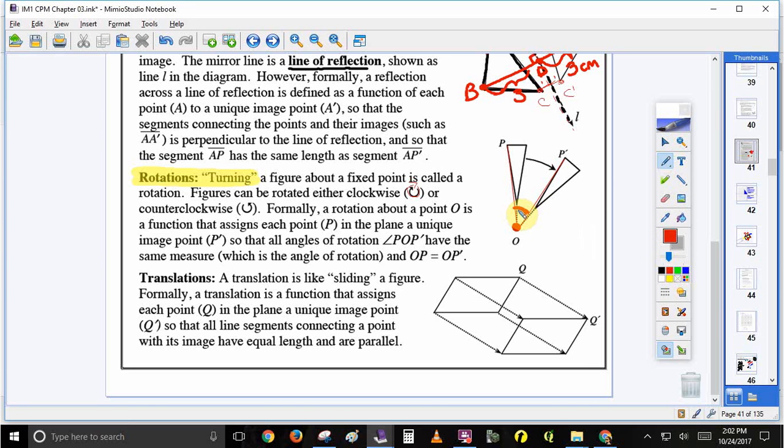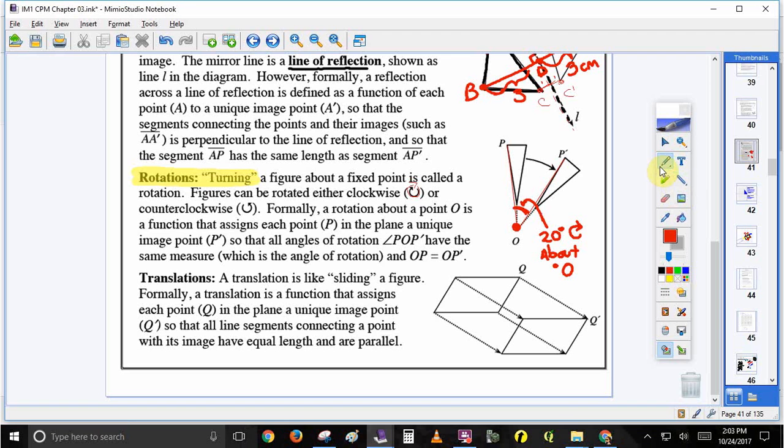So for instance, if this is, say, 20 degrees, then we have rotated this figure 20 degrees clockwise around point O, or about point O is how we say it sometimes. So 20 degrees clockwise about point O. And the whole figure has been rotated 20 degrees clockwise.